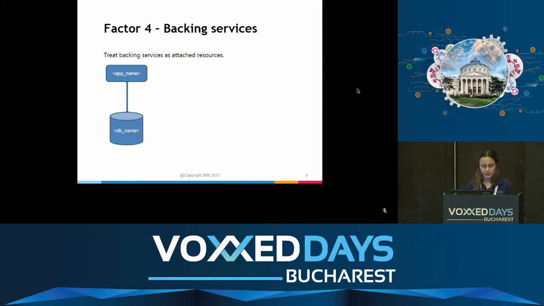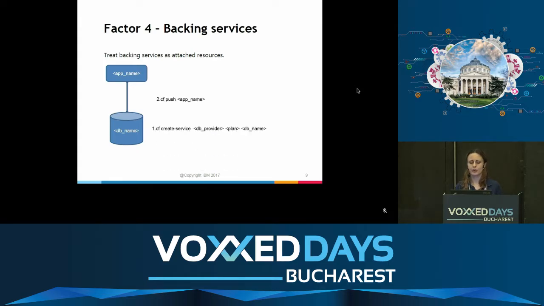And how you actually do that is by configuring your application in such a manner that it doesn't need to worry about this. And I'm going to show through code how you can do this. In the case of the Bluemix application that is based on Cloud Foundry, for backing services and for binding a service to an application, you just simply have to use this command to create the service.